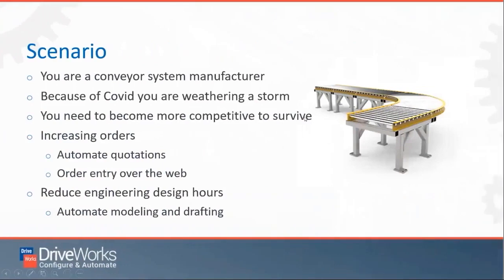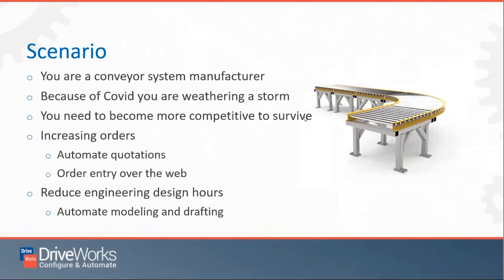So let's start with a little bit of a story, if you will. Here's a scenario. You're a conveyor system manufacturer. Your customers are other manufacturers and other industries like food distribution, any kind of distribution handling system. Basically, anybody that needs to move stuff around is who you sell to.